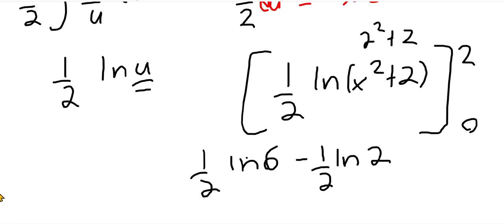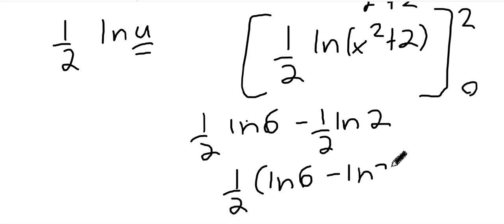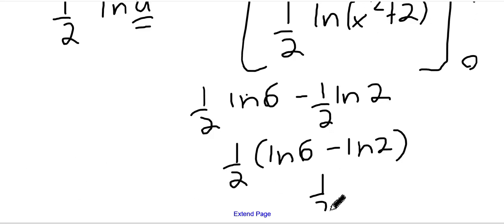I'm factorising out the half. What's ln 6 take away ln 2? Using the division rule of logs, it's ln 3. So it's a half ln 3. Some people might bring up the half and say it's ln root 3.